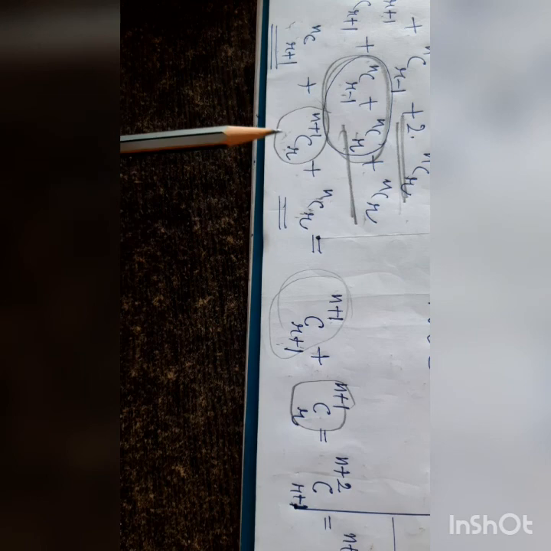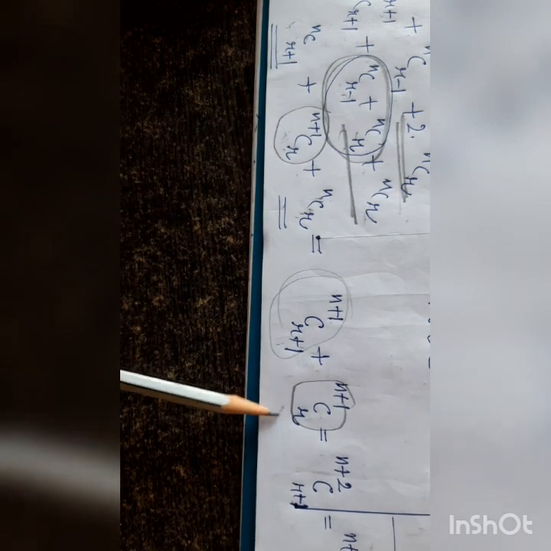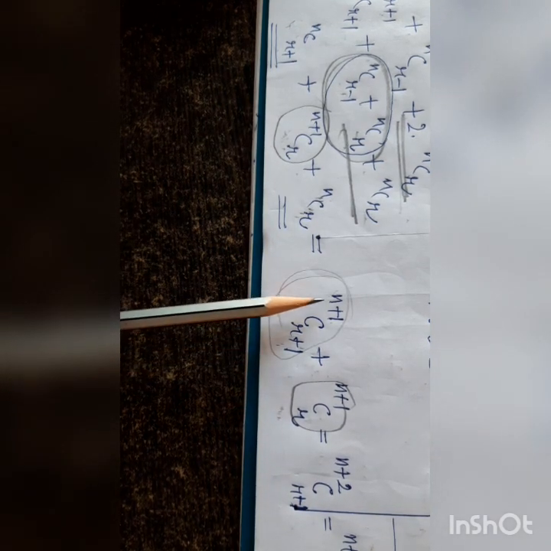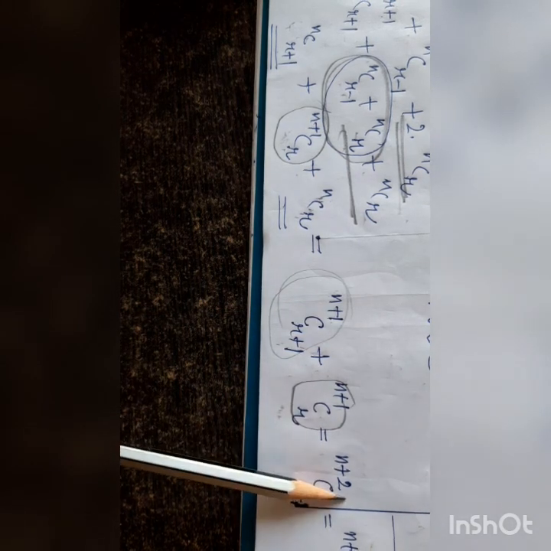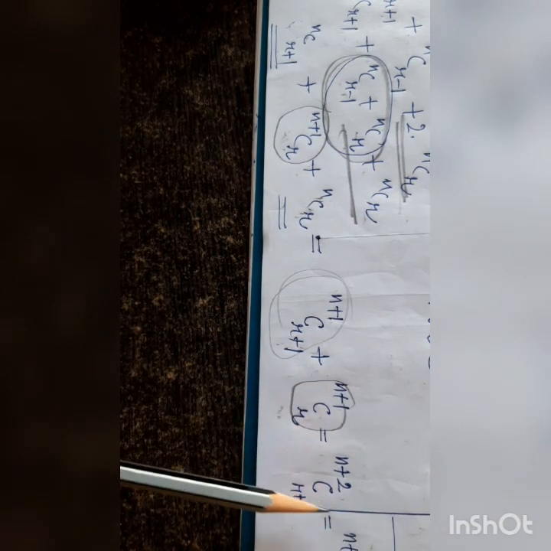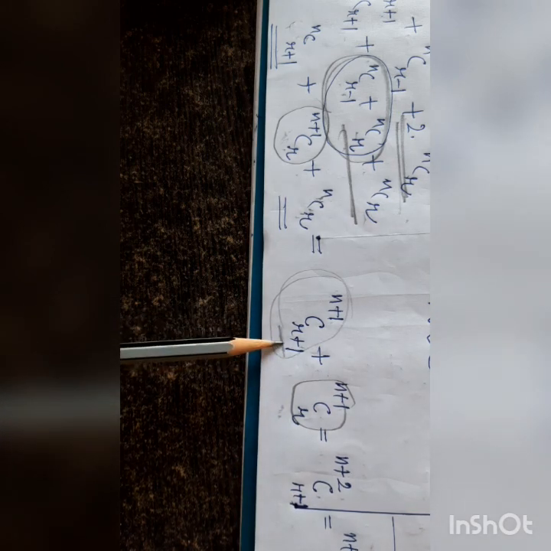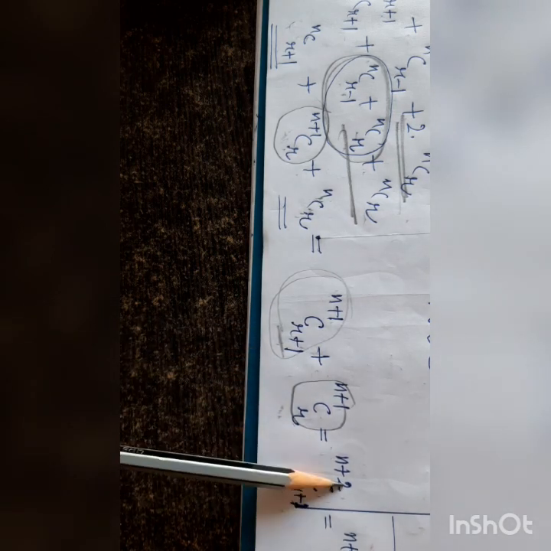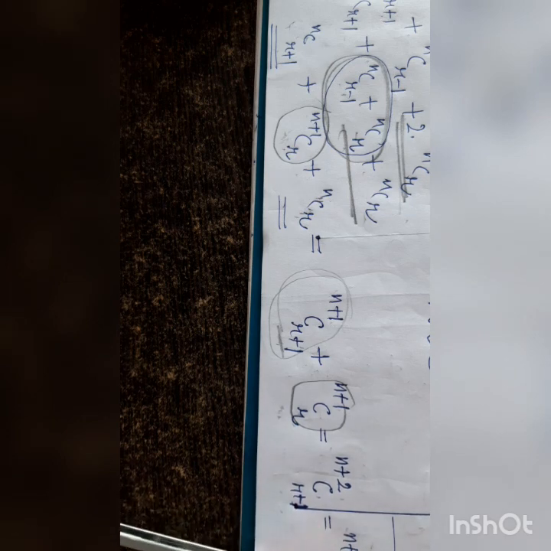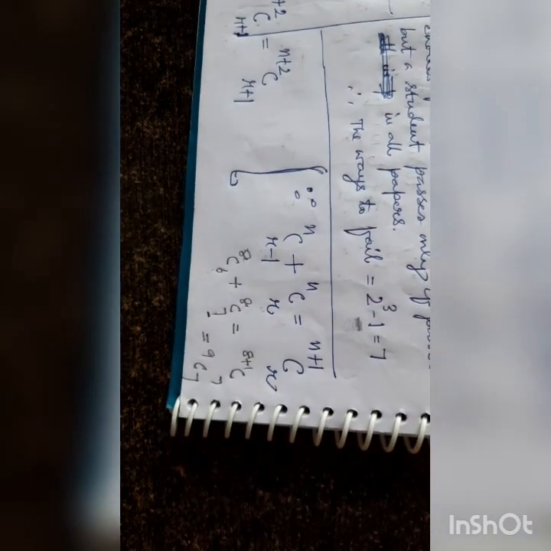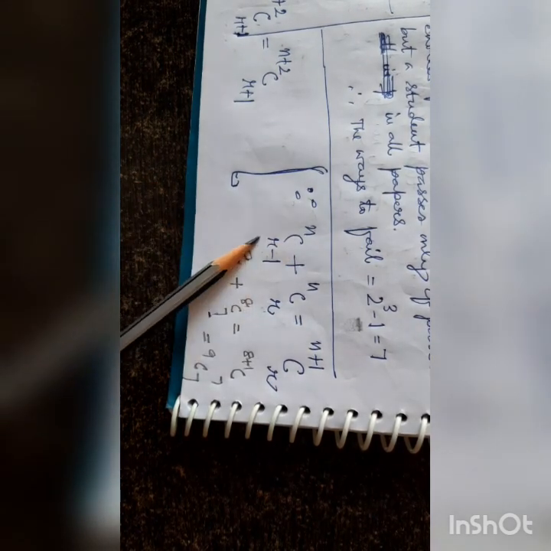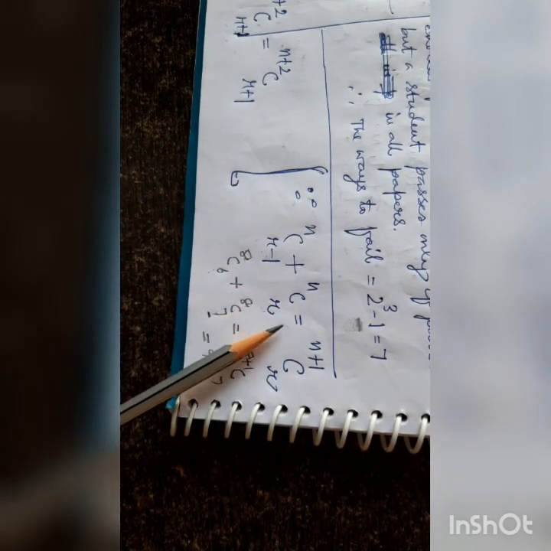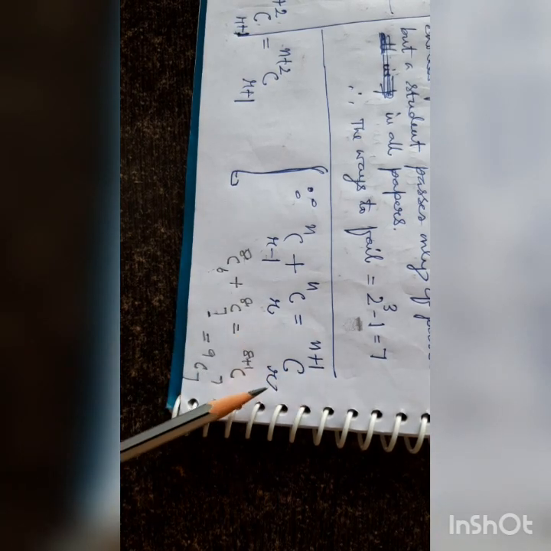Plus already the middle one, I write here n+1 Cr. So again according to the formula, n+1 and n+1, we are adding 1, so n+2 C, the larger one, r+1: n+2 Cr+1. So this is only on the basis of this formula, nCr-1 plus nCr equals to n+1 Cr.